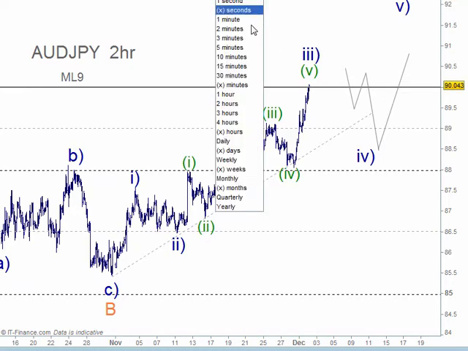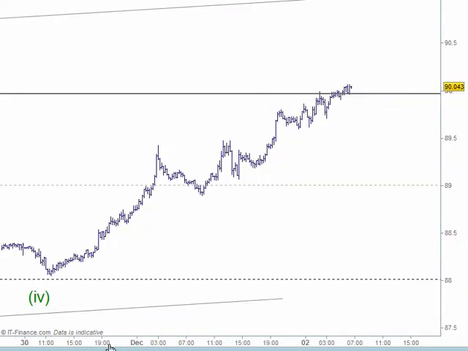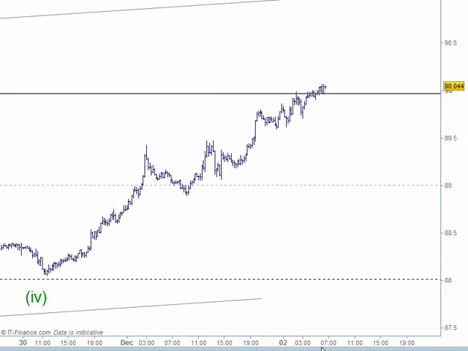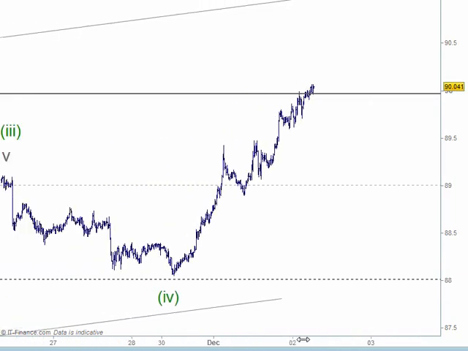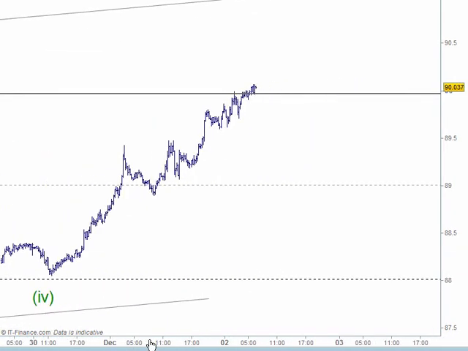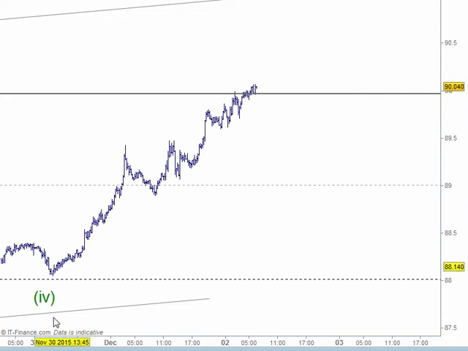I'll just have a look at the 15-minute chart and just have a look at what we've actually got to the upside so far. Okay, so we've got 1, 2, 3, 4, and 5. So we've got wave 1 and 2 here.